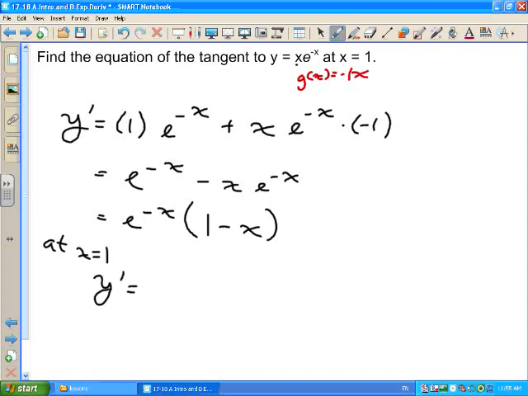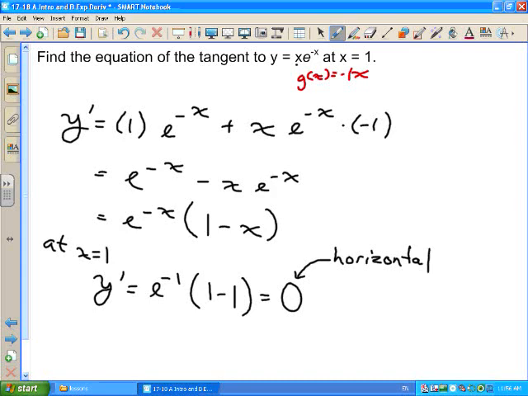So at x equals 1, y prime is going to equal e to the minus 1 times 1 minus 1, which is 0. So what does this tell us about our tangent line here? It's non-existent? No, it's horizontal. Yeah, it's horizontal.